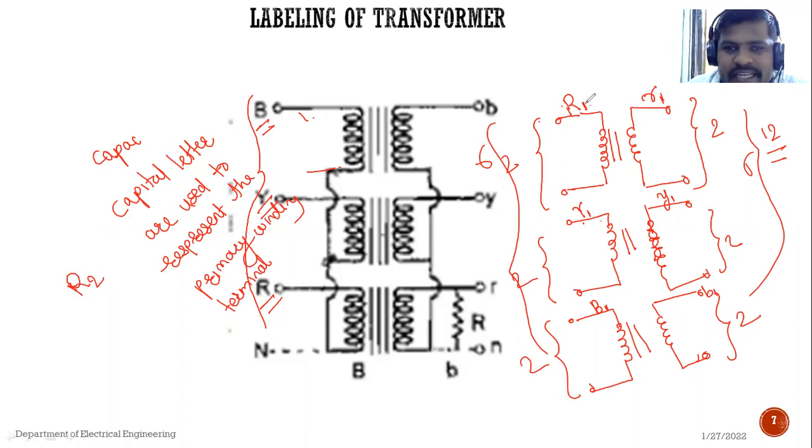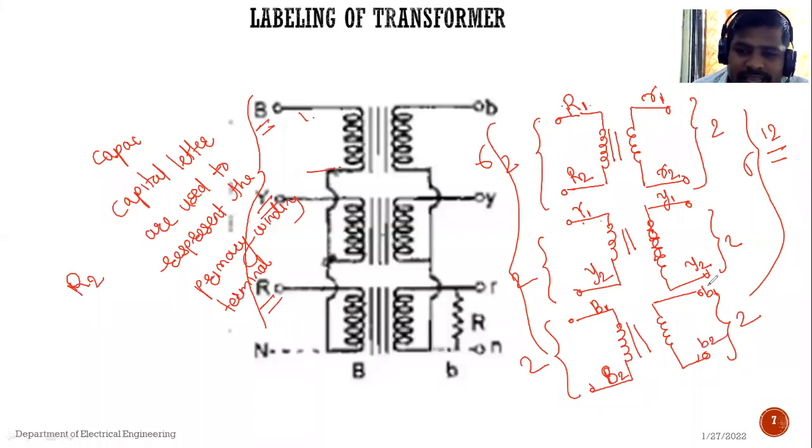Suppose I am representing here R1, here it is R2 terminal. Similarly, Y1, here it is Y2 terminal. Here it is B1, here it is B2 terminal. Okay. Similarly, R1, R2, Y1, Y2, B1 and B2. हे एक टर्मिनल आहे, हे एक टर्मिनल आहे. This one is the B1 terminal, this one is the B2 terminal.